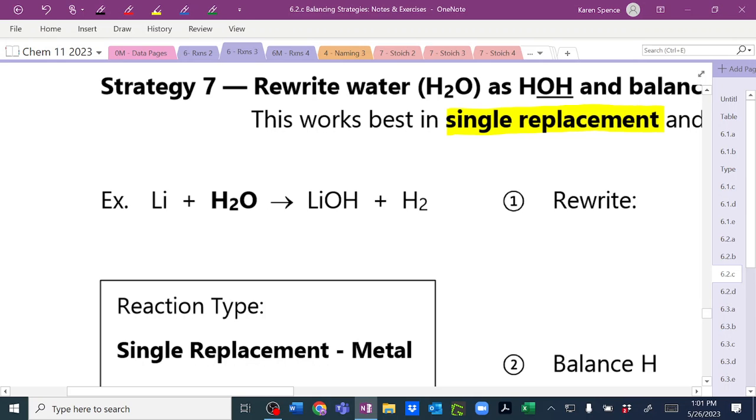If you have water, it can often be very helpful to not actually write it as water, but to rewrite it as HOH. Okay, so we're going to do that.